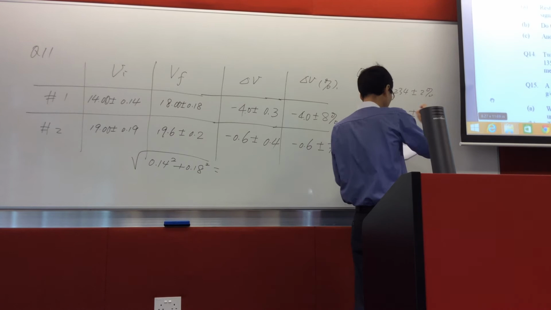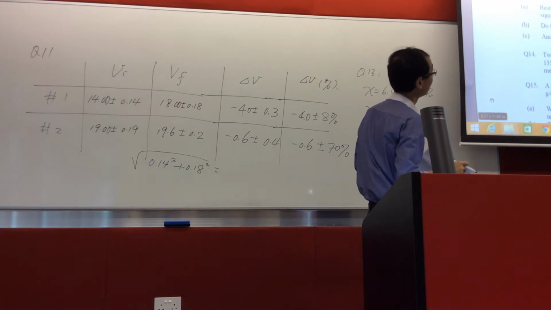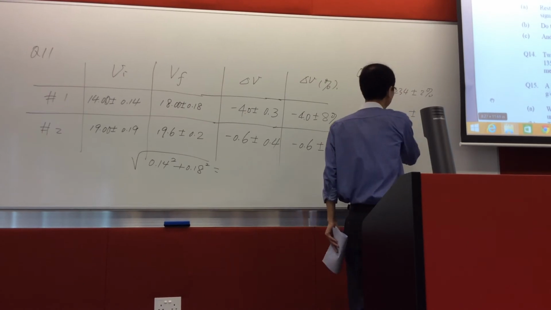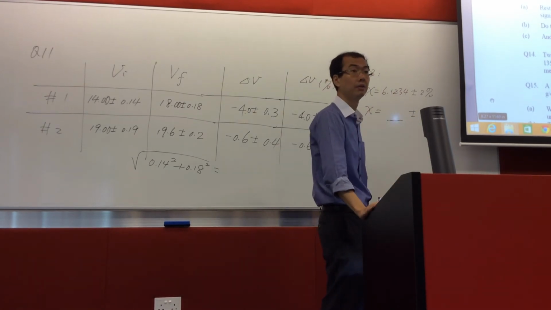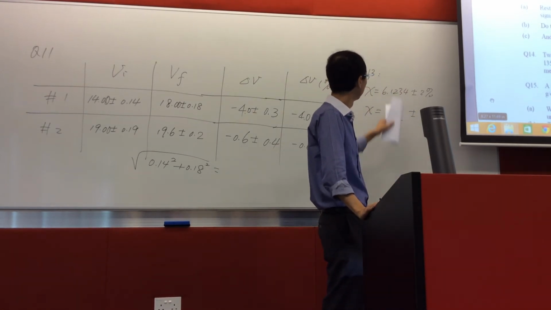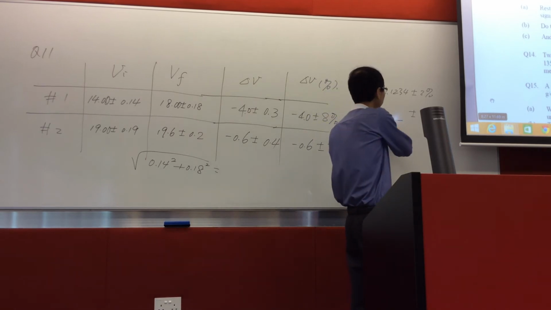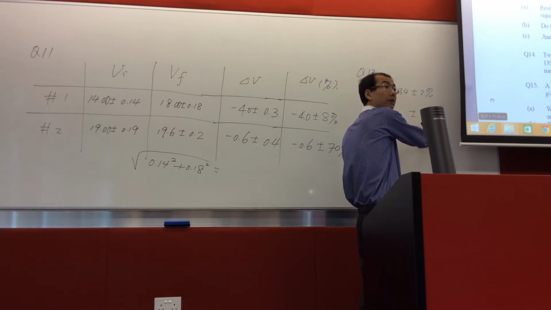So what is your best estimate result here? What is the number you should report? The best estimate result needs to have the same order of magnitude as the uncertainty, right?